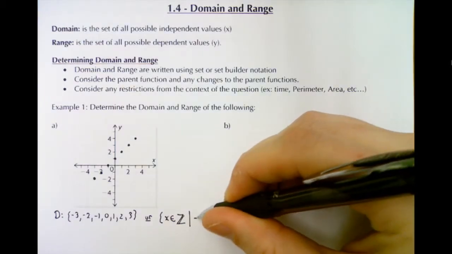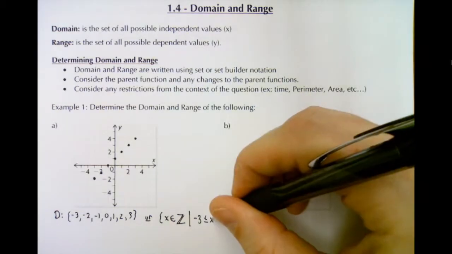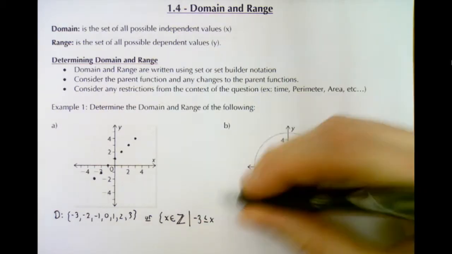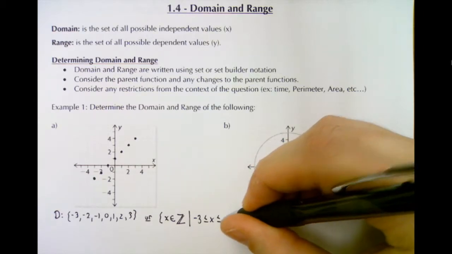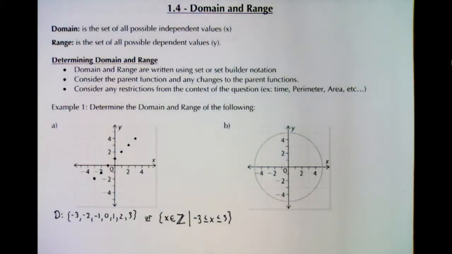So -3 is less than or equal to x, and if we read from the middle, x is greater than or equal to -3, less than or equal to 3 is the biggest. And we can close the set. So this is our domain using set builder notation, and this is our domain using set notation.